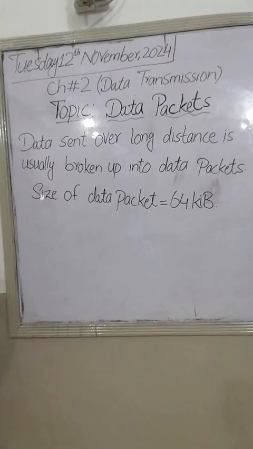For example, whenever you have to send some message, file or any video over the network to your friend or any family member, that typical video, picture, text message or email is broken up into smaller data packets, and then those data packets travel over the network and reach the person to whom you are sending that message or file.